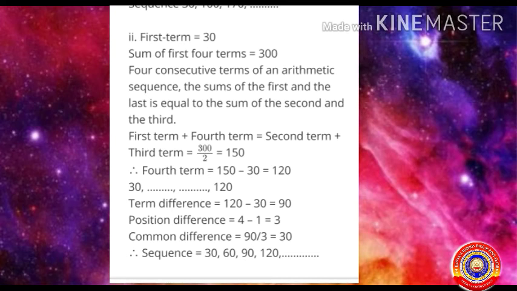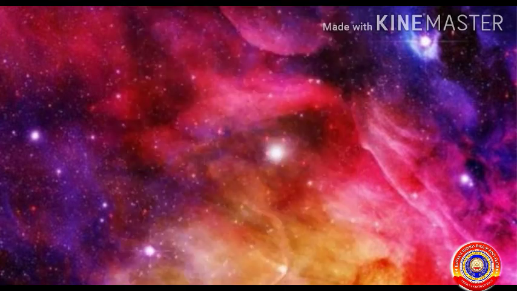Therefore, the fourth term equal to 150 minus the first term 30 equal to 120. So we have to find the common difference. Common difference is equal to term difference by position difference. That is (120 minus 30) by (4 minus 1) equal to 90 by 3 equal to 30. So we can write the sequence as 30, 60, 90, 120.